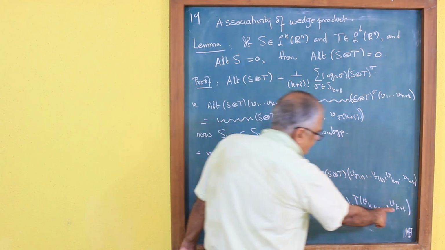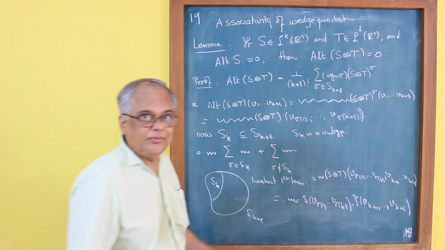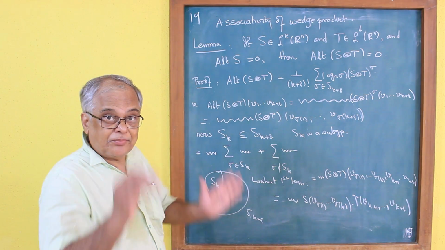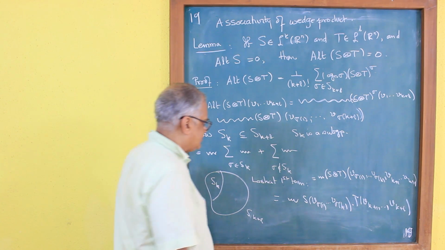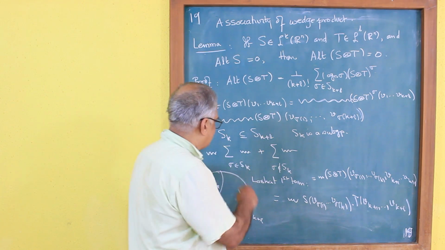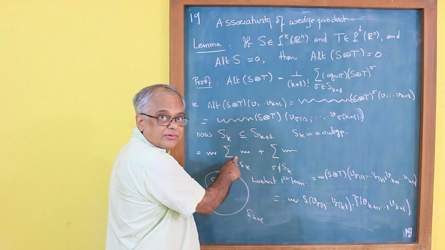Now this T of Vk plus 1 to Vk plus l does not depend on sigma. Remember, I am looking only at the first term. If it doesn't depend on the sigma, I can pull it outside the summation of the first part.